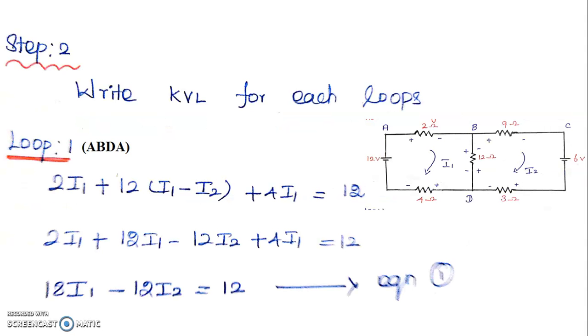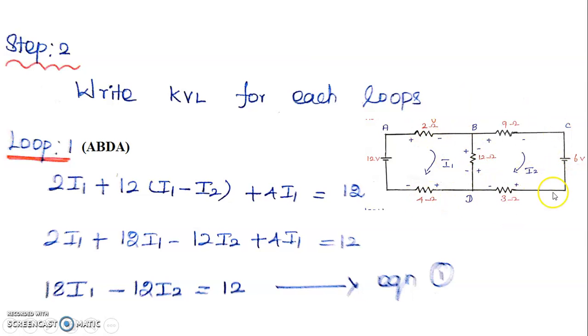In the next slide, the next step is to write the KVL for each loop. KVL is the sum of potential rises equal to the sum of potential drops. Here the potential rise is 12 volt, the EMF present in the circuit. The potential drop for mesh 1 is across 2 ohm, 12 ohm, 4 ohm.